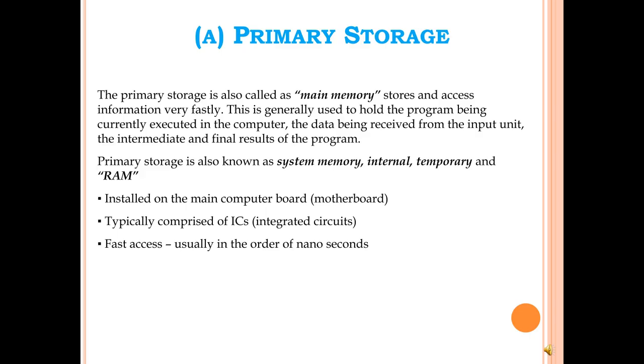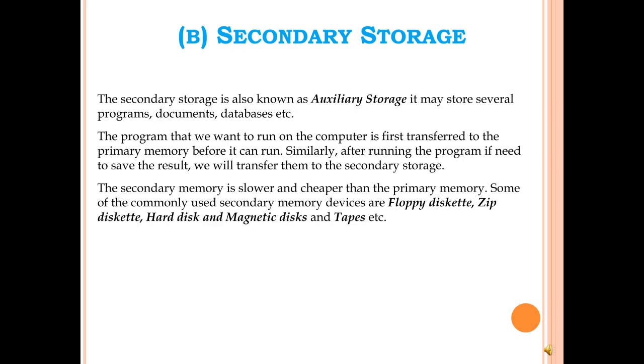Now, the secondary storage is also known as the auxiliary storage. It may store several programs, documents, databases, etc. The program that we want to run on the computer is first transferred to the primary memory before it can run.